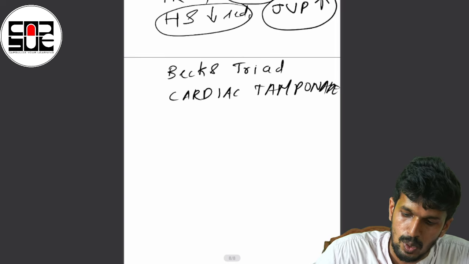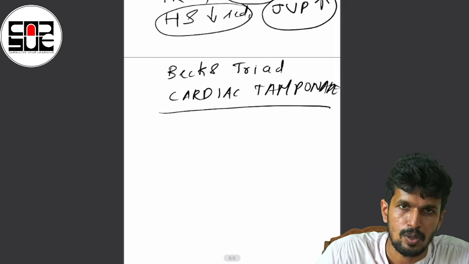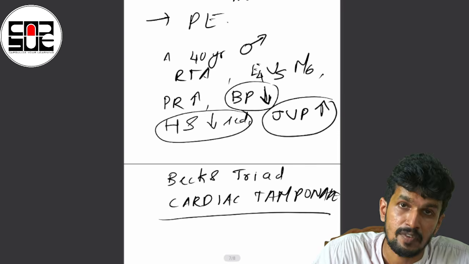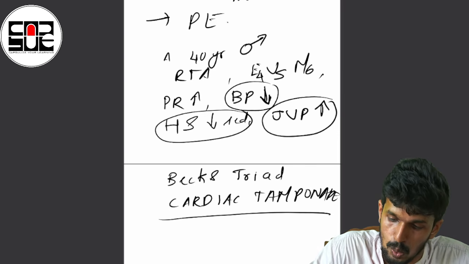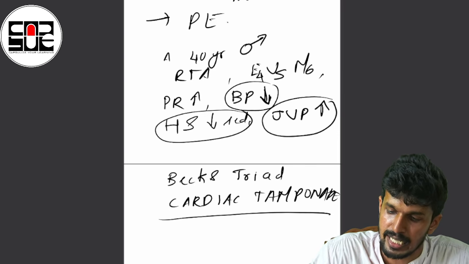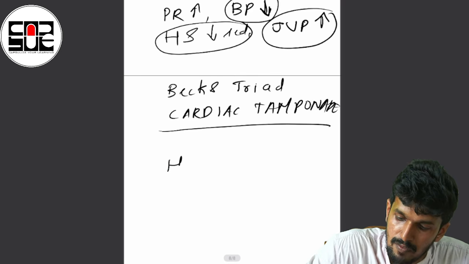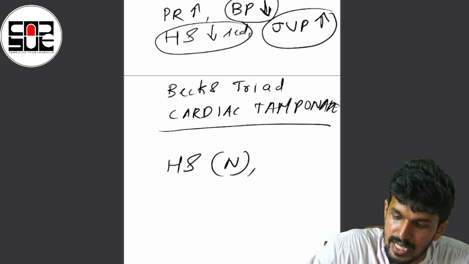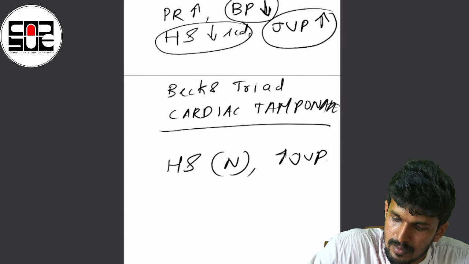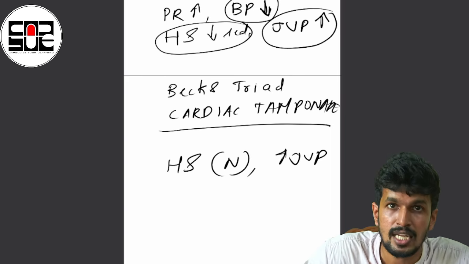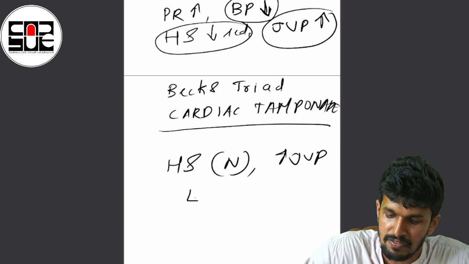Along with that, I'll give you another example. In the same scenario, the 40-year-old male patient presents with a high velocity injury, the GCS is full, the BP is decreased, but heart sounds appear normal, with raised JVP. You notice tachycardia and hypotension, and air entry is decreased on the left side.